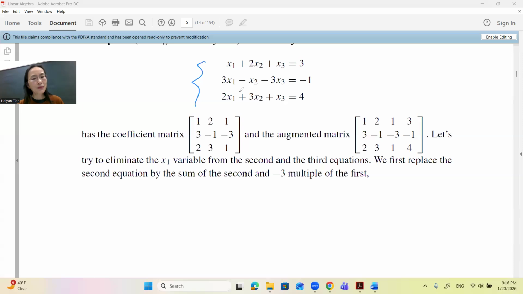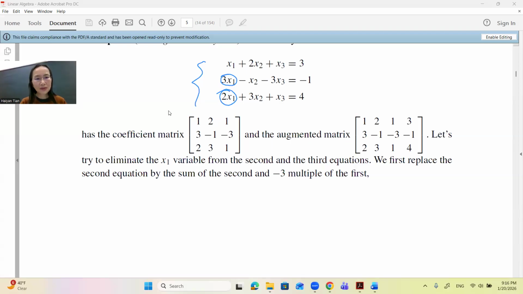Let's see, can we possibly eliminate it to such an extent that we eliminate the x1 variable from the second equation, and eliminate the x1 variable from the third equation.